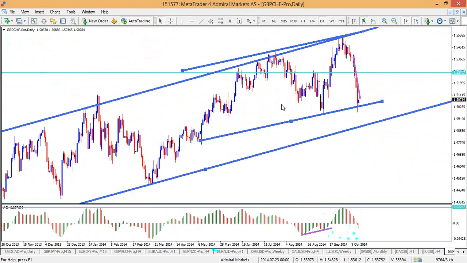Something like that. However, because of course the strong momentum is in play, it does look scary at this point.